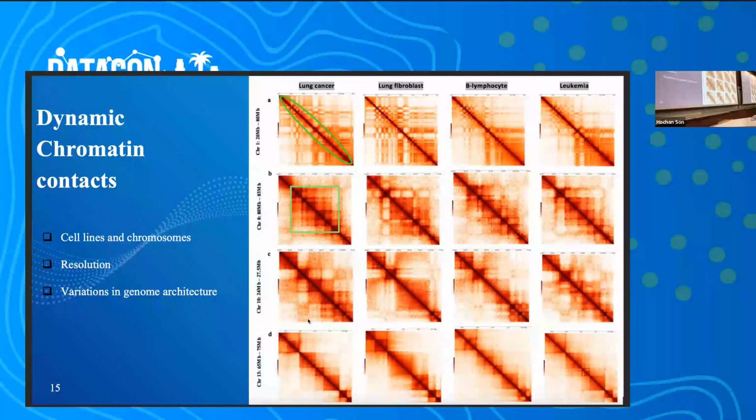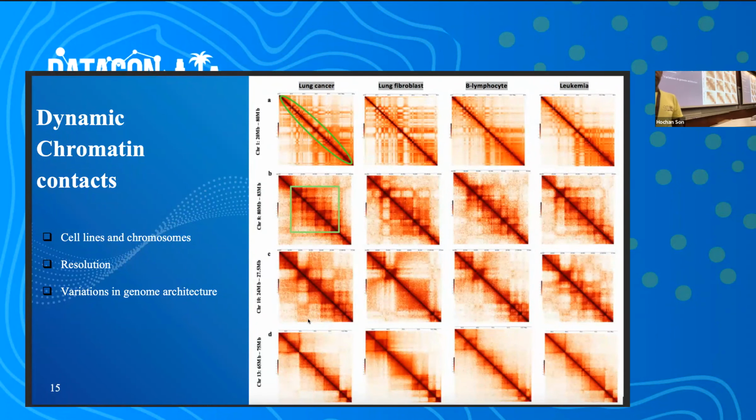And this is the diagonal axis. When I zoom into a particular location here, we see there are more squares present. And when we zoom further into higher resolution, you can see more squares become visible. Those squares show the dynamic folding of the contact matrices between different cell lines.